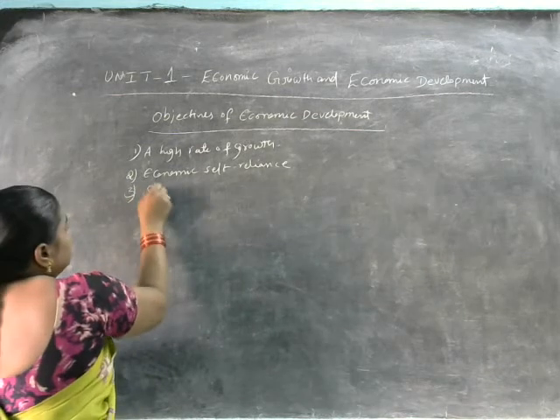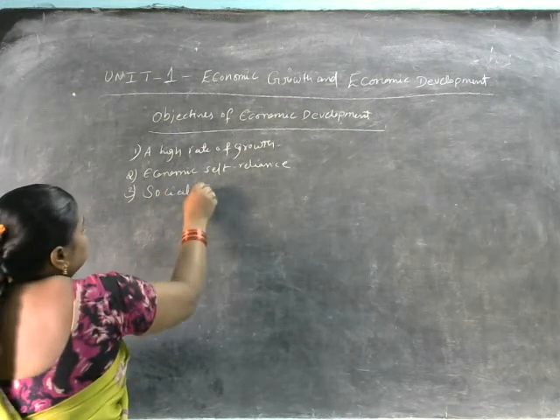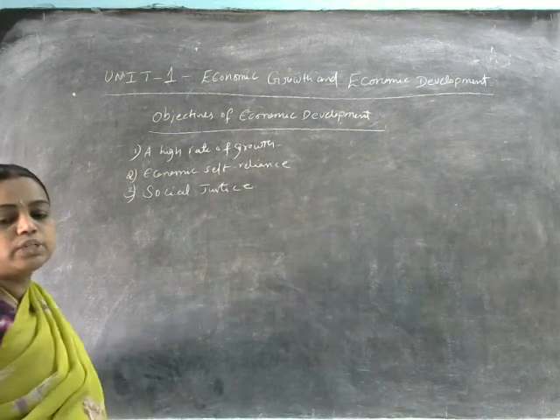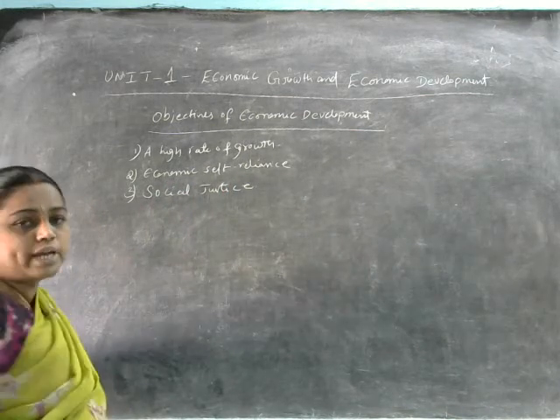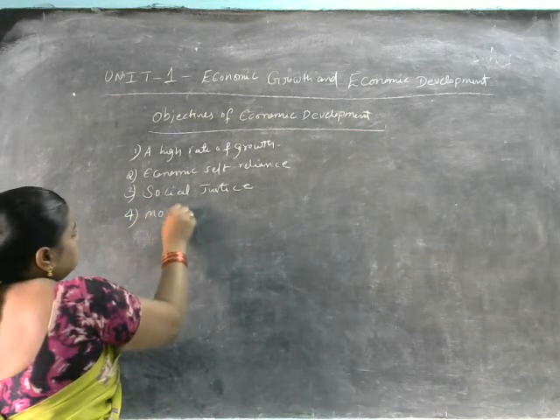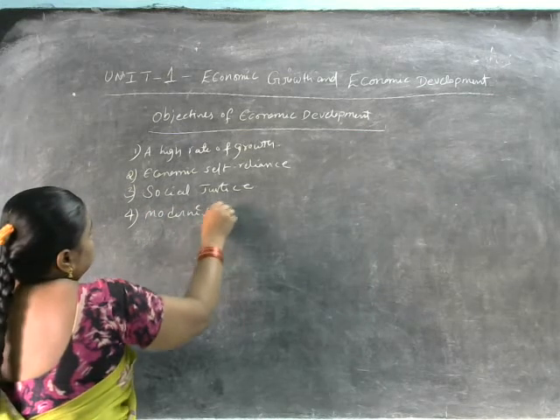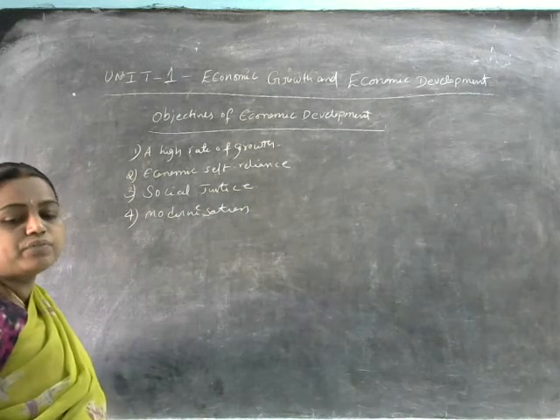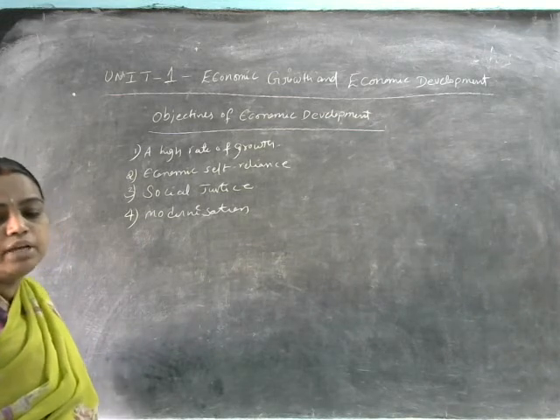The third objective is social justice. And the fourth one is modernization. The fourth objective is modernization. And the fifth objective is economic stability.